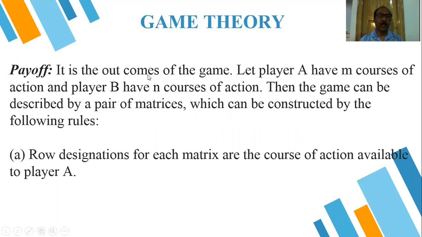Payoff is the outcome of the game. That means from the game, the rules define what B has to pay A, that is the payoff gained by A, and the other is the payoff paid by A to B, which is with a negative entry. That is seen in the first slide with an example.